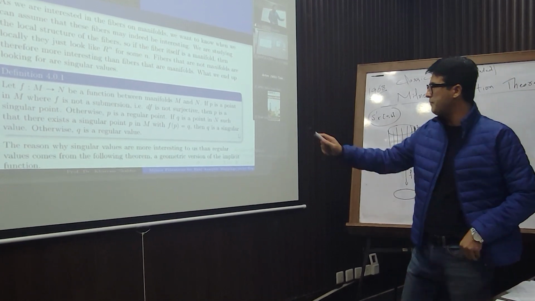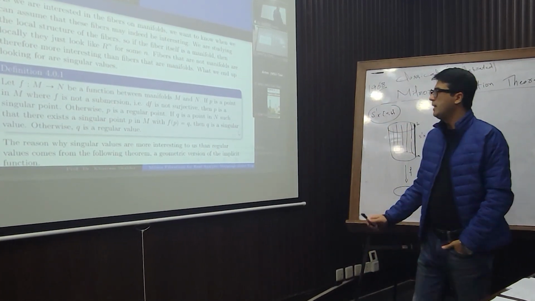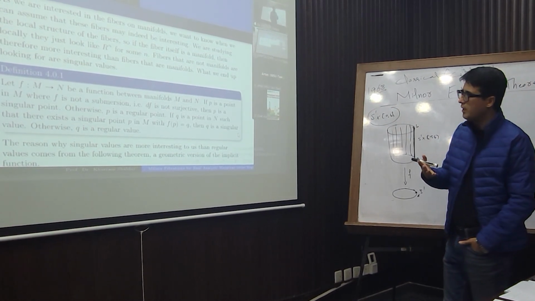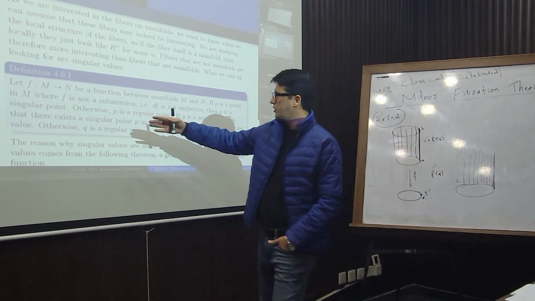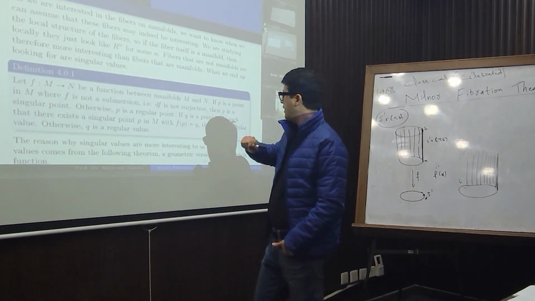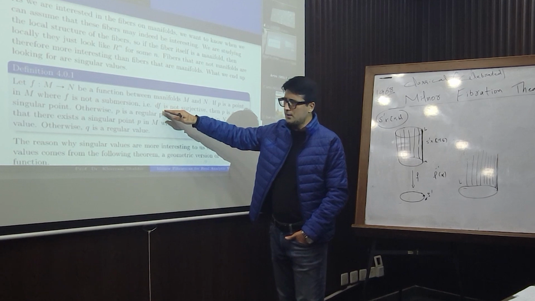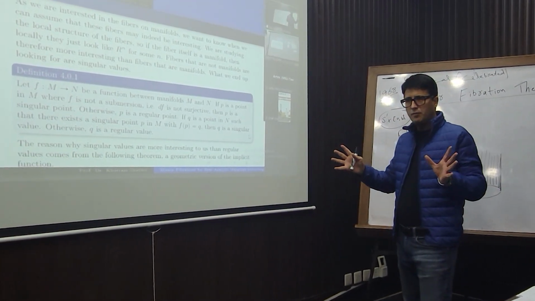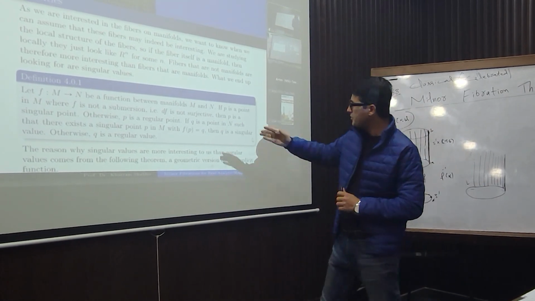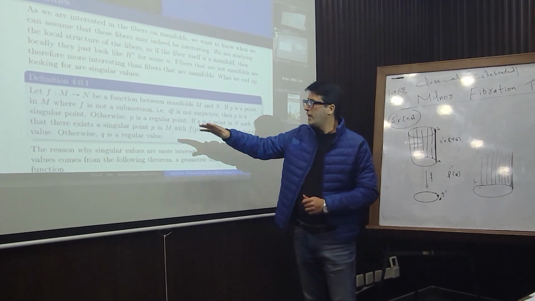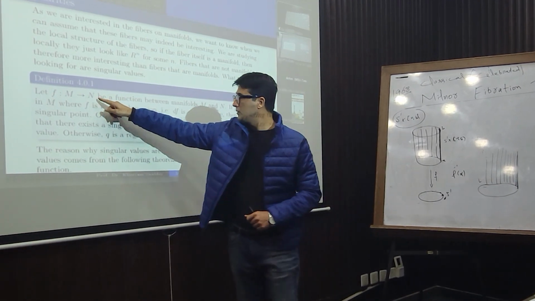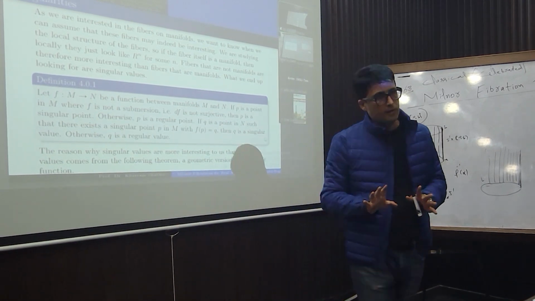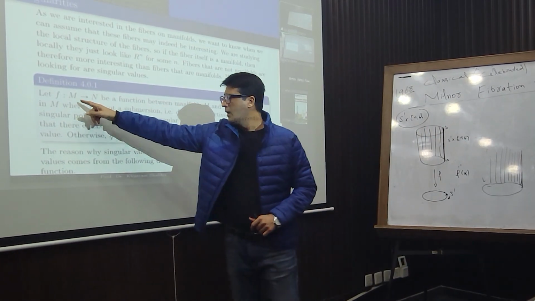So here you can see the definition. The function f is a map from manifold M to N, and a point P in M is singular where the function is not a submersion. So what does submersion mean here? Because this is a map from M to N, the differential of f is a Jacobian matrix, formed of the partial derivatives. If the Jacobian matrix of this differential has maximum rank, meaning the dimension of this space, then in that case all the points in the domain are regular.